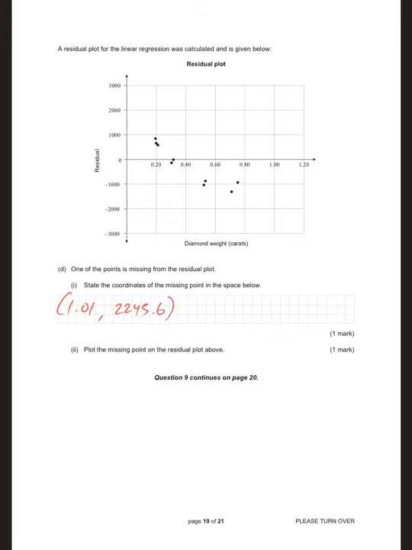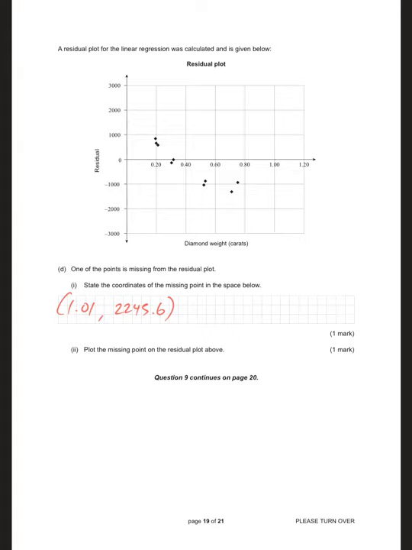Plot the missing point in the residual plot above. You can see there's no point at 1.01. So 2245, 2500 is going to be around here.